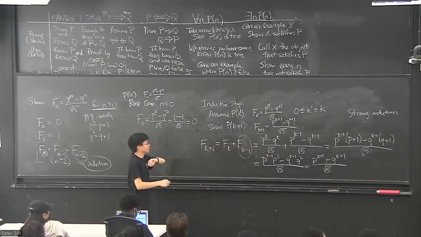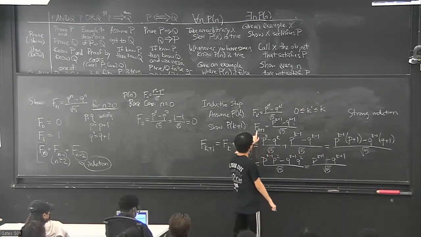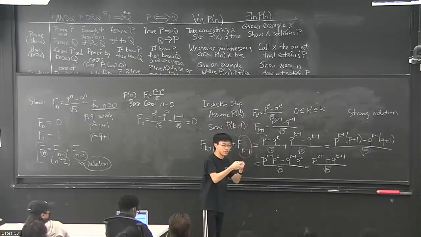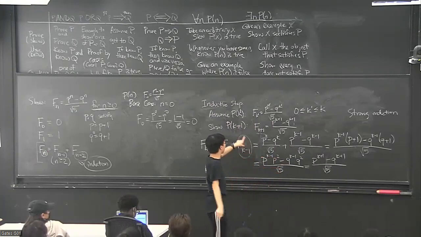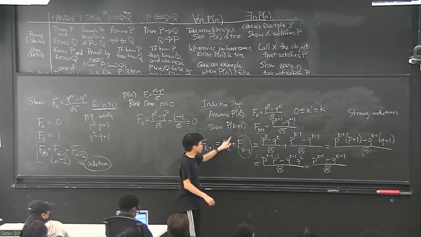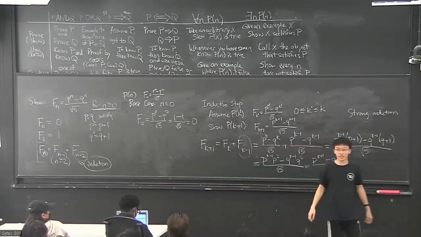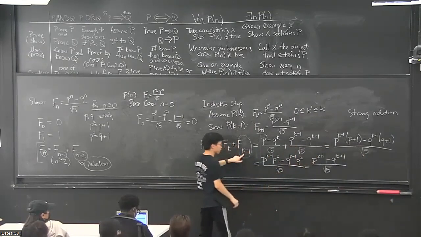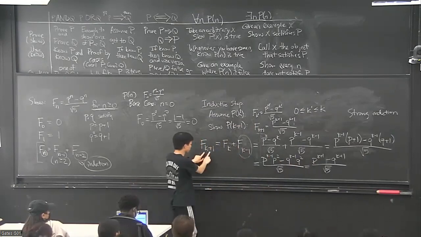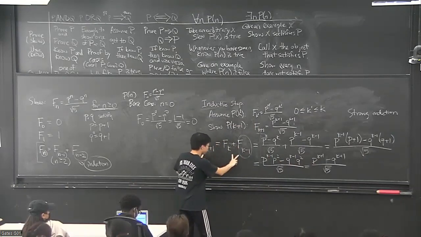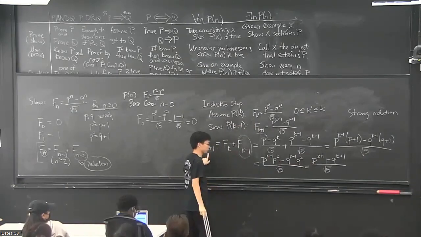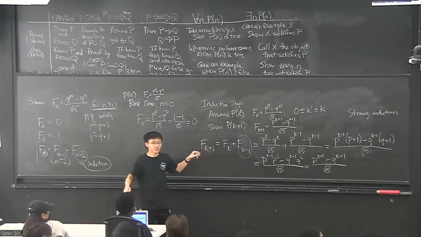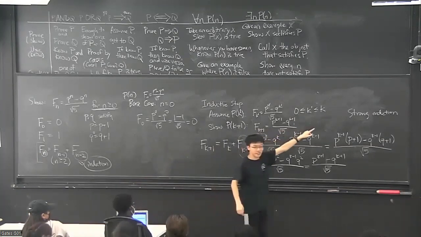Now, by strong induction, your assumption doesn't just give you the one thing before. It now gives you everything before. Here, when you show P of k plus 1, in the original induction, we only tried to rely on P of k. We realized that that was insufficient. We noticed here that we had to also use the one for k minus 1. We couldn't just use the one before k plus 1. We had to use the two that were before k plus 1. When you realize this in your inductive step, that is your signal to go to strong induction.